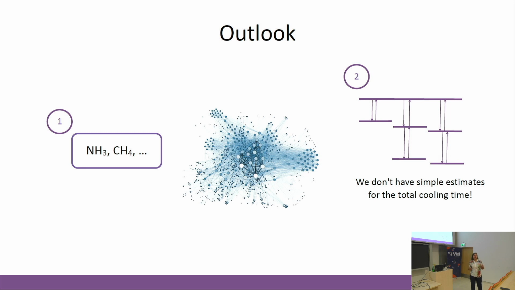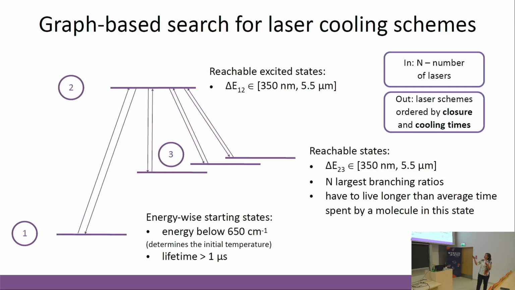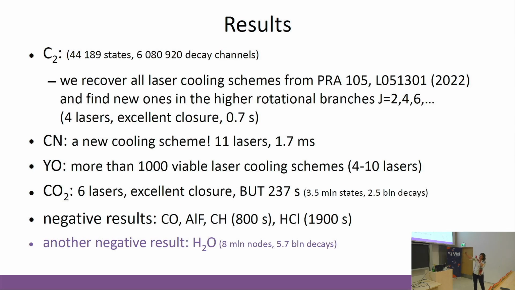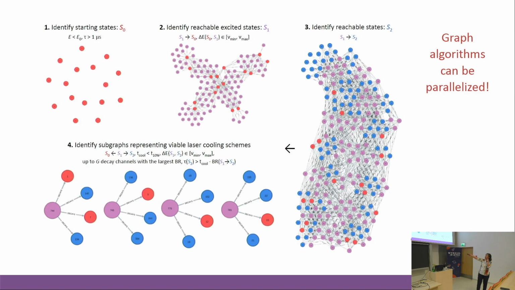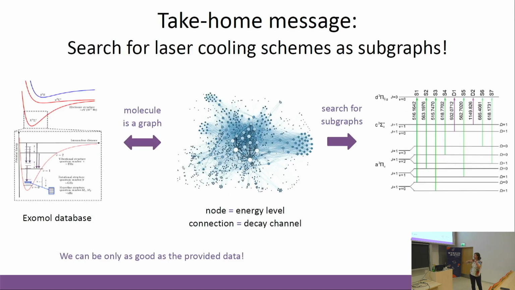But we don't know an easy way to estimate cooling time. So far we limited ourselves to simple cooling schemes. Also a disclaimer: these negative results are only about this simple laser cooling scheme. So maybe if we go more crazy, something new will appear.